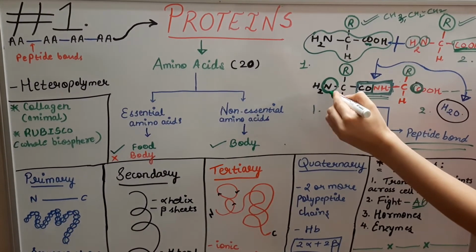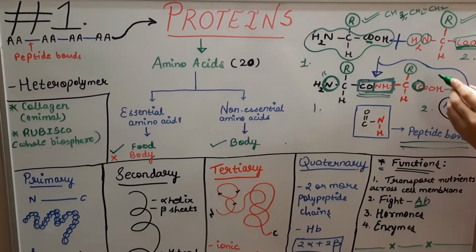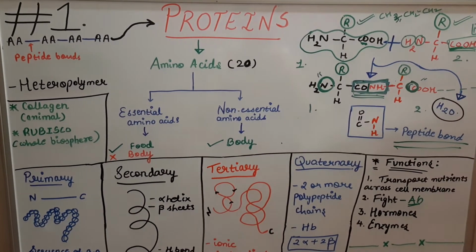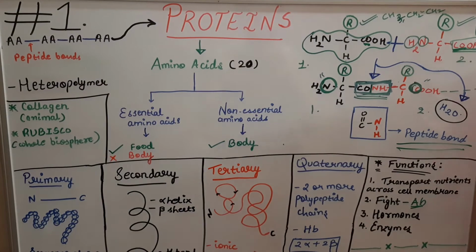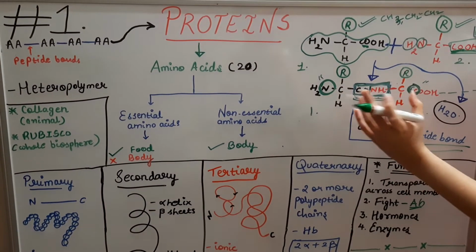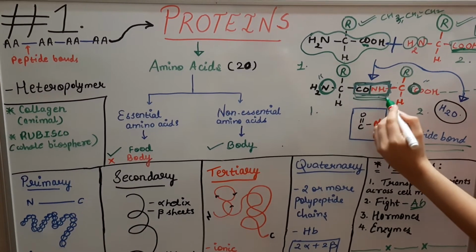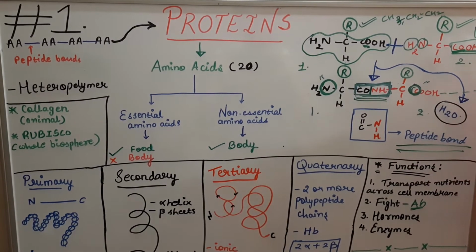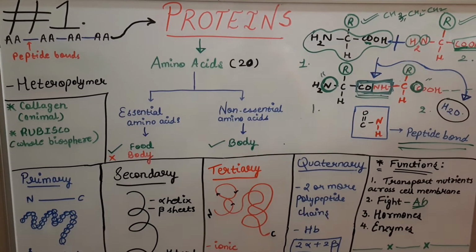So here the N terminal of one amino acid is free, and here the C terminal of one amino acid is free. A protein is made up of many such peptide bonds, and thus it is said that protein is a polypeptide.